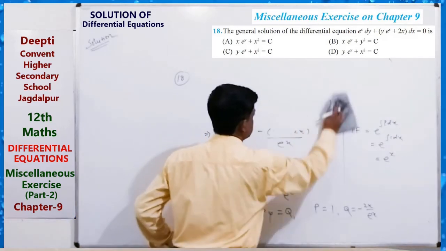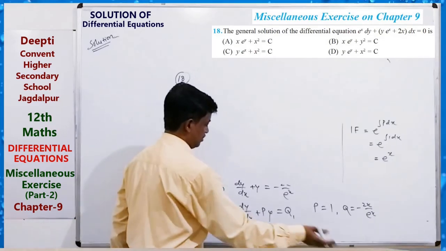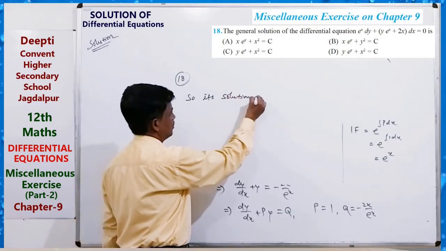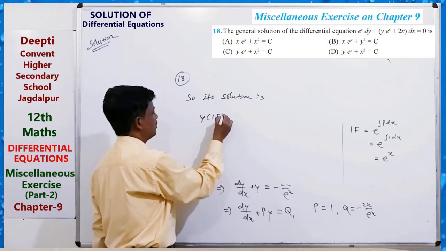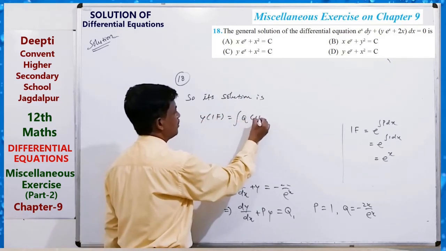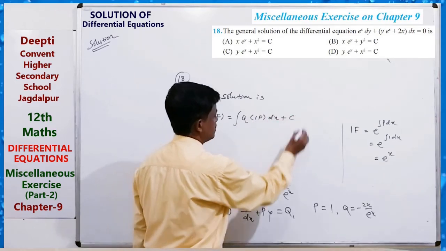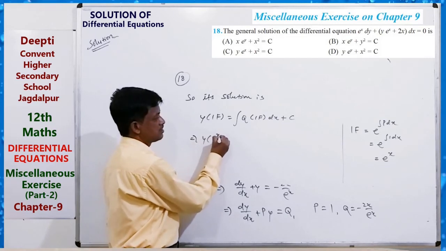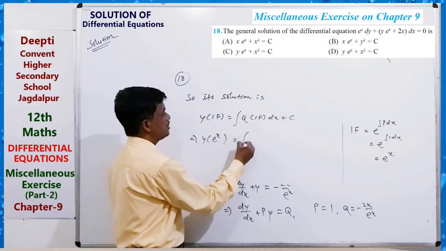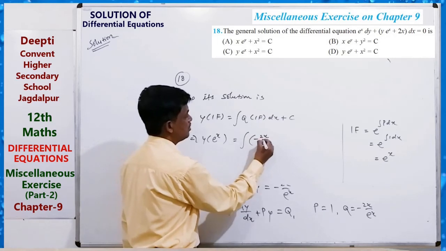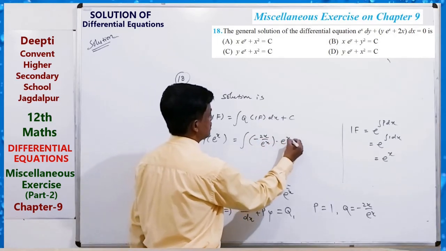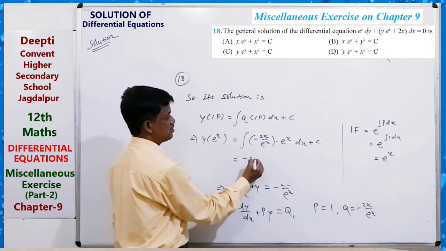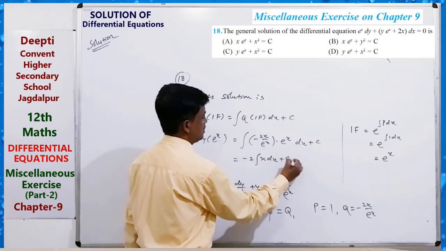So its solution is y into IF equals integration of Q IF dx plus c. So y e to the power x equals integration of minus 2x upon e to the power x into e to the power x dx plus c. The e to the power x cancel, so minus 2 integration of x dx plus c.